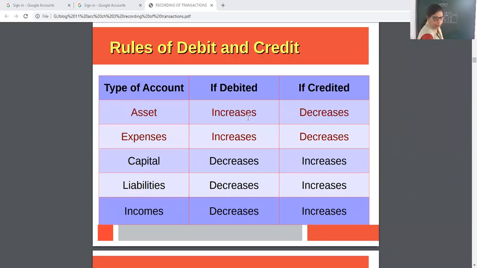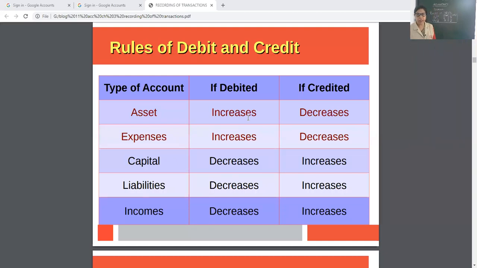Okay. Asset and expenses have the same rules, while capital, liability and income have the same rules.